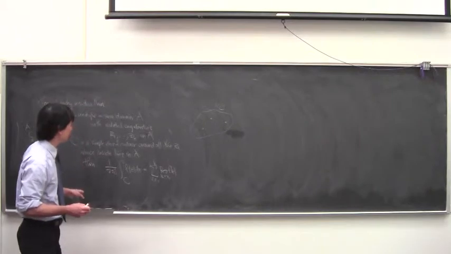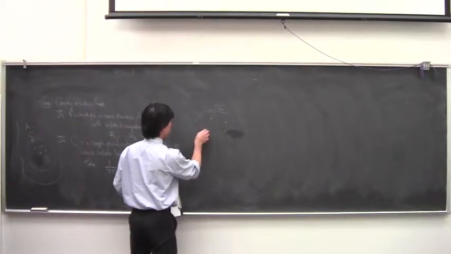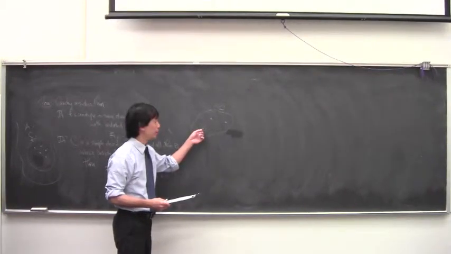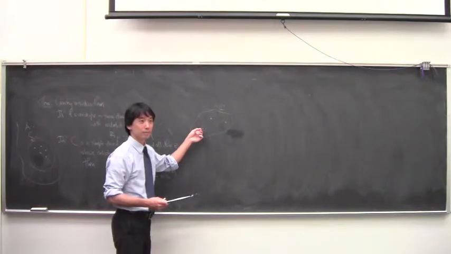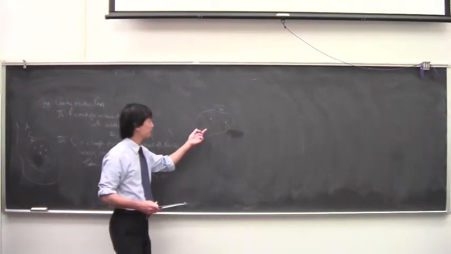So you already know that if we integrate around any little circle around the singularity, what do you get? You get some constant times the residue, right?